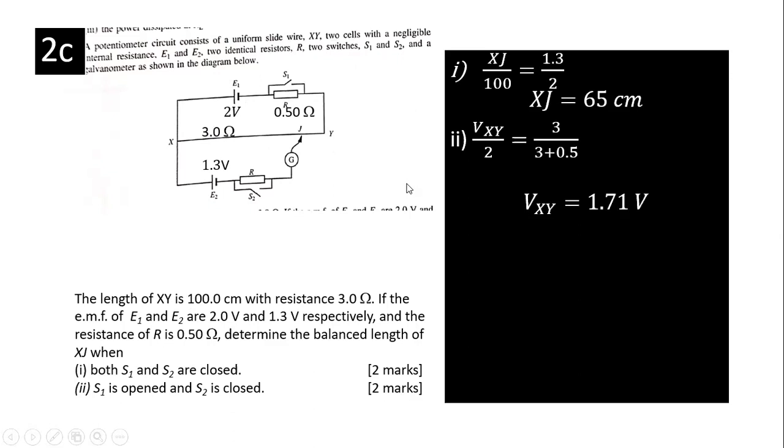Calculate your Vxy as 1.17. Previously we could use this 2 volt, but when we are using that resistor, you cannot use it anymore. You have to find the potential across here. That's what we are doing. Then repeat the question again: XJ over 100 is 1.3 over the potential across XY, which is 1.17, and calculate. Can.